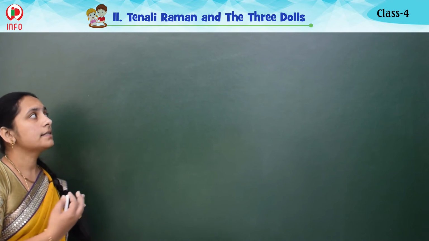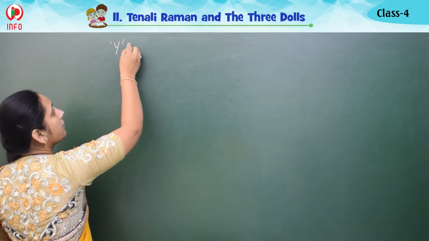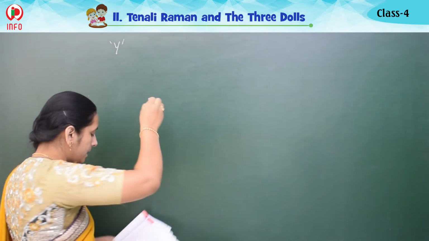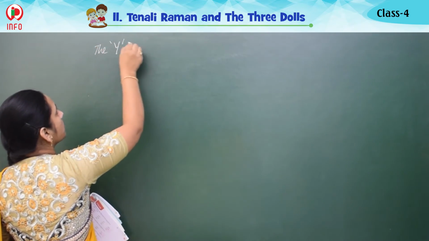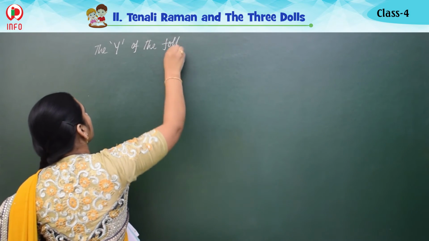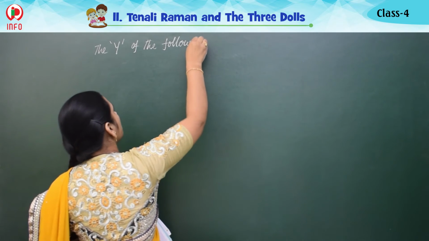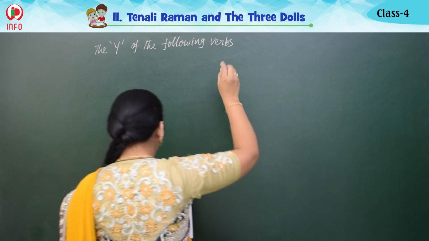See children, in some verbs, if a verb ends with y, then the y of the following verbs changes into ies.